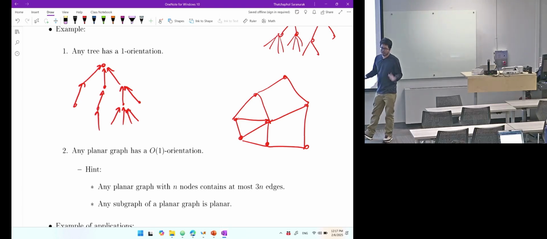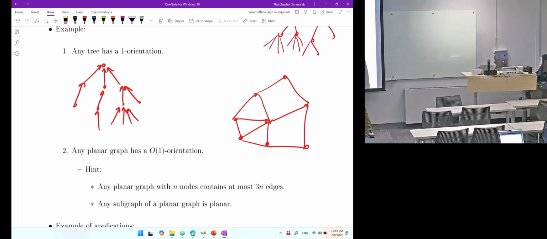I will not prove it formally here, but the hint might be fun for you to do at home. The hint is that any planar graph has at most 3n edges. And so there must exist a node with degree at most 6. And that's the first hint.